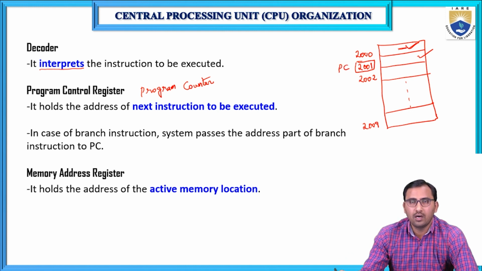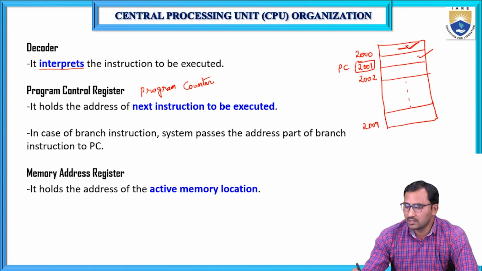The program counter holds the address of the next instruction to be executed. After executing the instruction in the 2000 location, the next instruction, available at address 2001, will be executed. That's why the program counter holds the address of the next instruction to be executed.